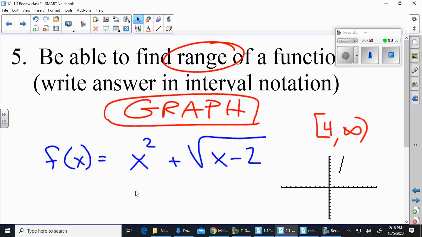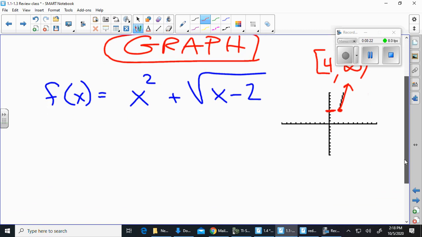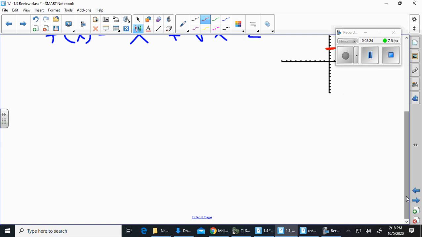When I'm looking low to high, there's no y's until I get there. And so they start there. In Desmos, it's probably even easier to see, and then it goes up. So just looking at that picture, most common wrong answer here is people will say 2 to infinity. That is the domain. I want the range.